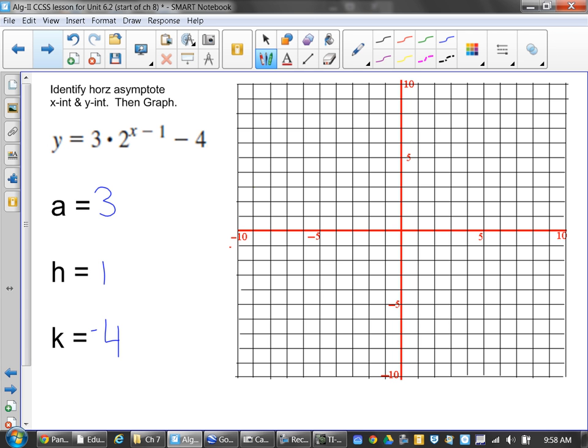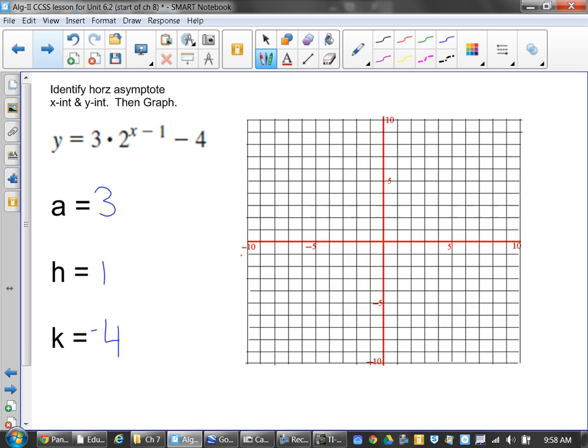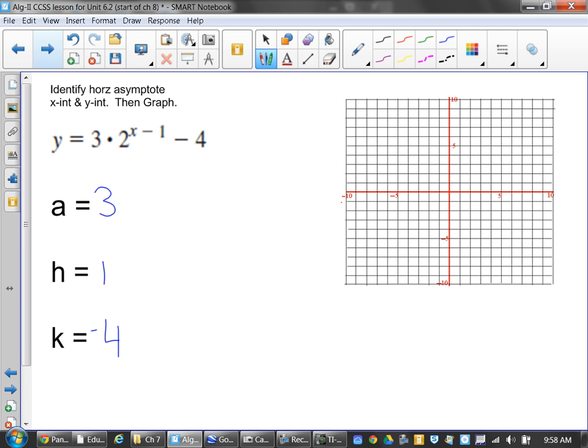Perfect. So as we start this out, just like we did with our parent functions before, we're going to plot y equals a b to the x. When you do that by bringing in your a value, we now know right off the bat where the y-intercept is. That's why I want to use this a value.